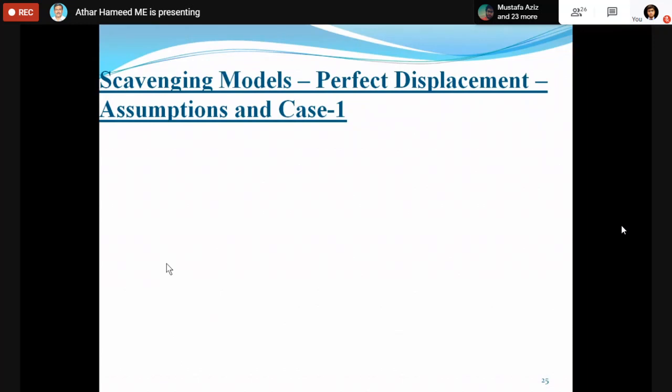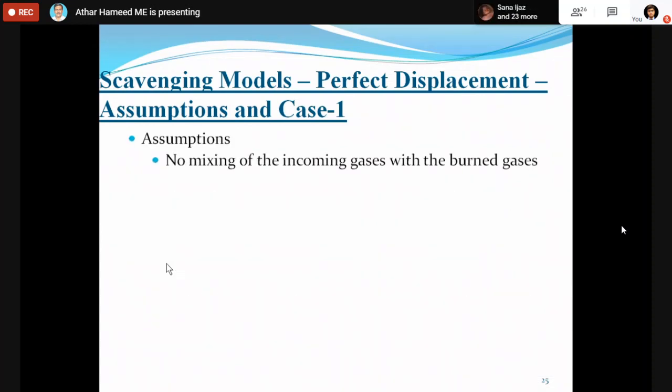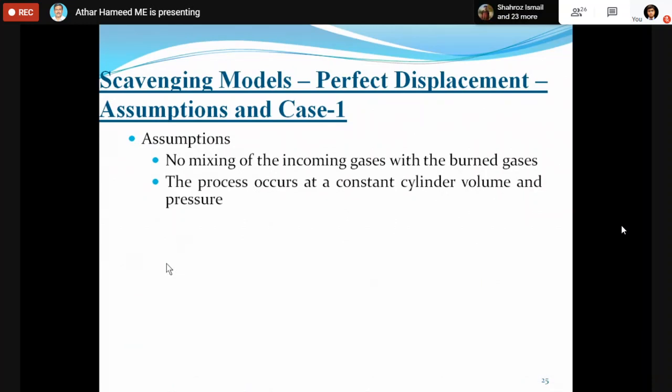So we take up these scavenging models. First of all, perfect displacement, assumptions, and case one. What are the assumptions in perfect displacement? It is assumed that there is no mixing of the incoming gases with the burnt gases. Then the process occurs at a constant cylinder volume and pressure.